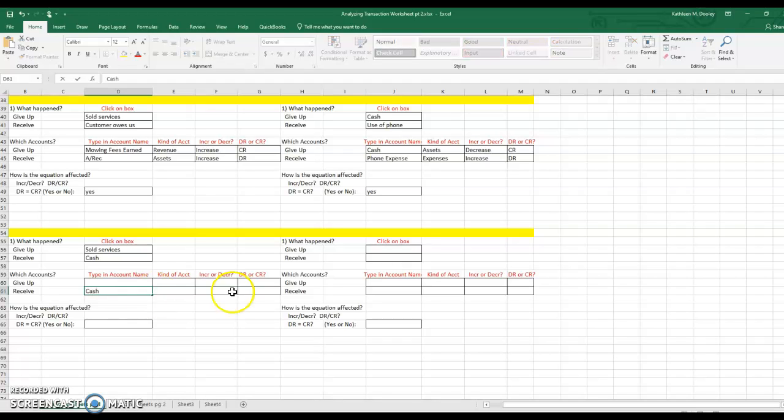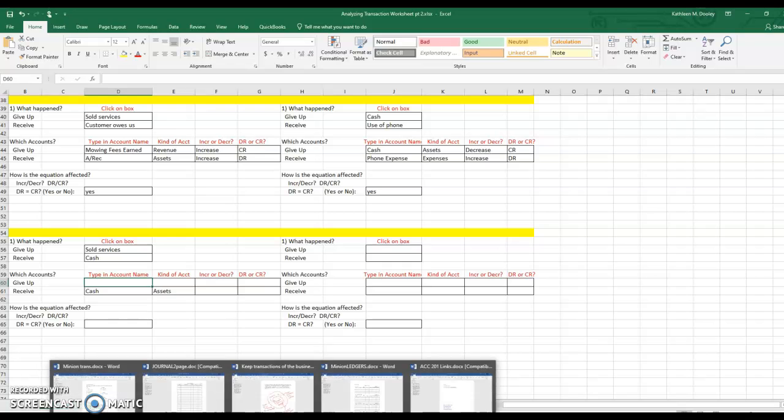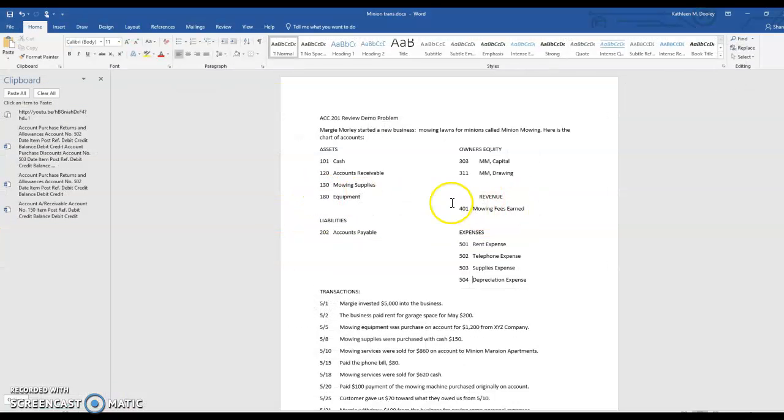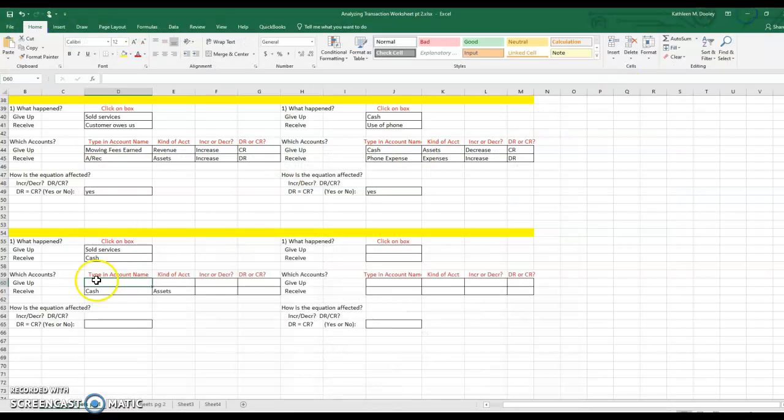The account we're going to use for cash is cash, and that's an asset. The account we use for sold services is going to be a revenue. We look under revenues, it's mowing fees earned. And that's a revenue.